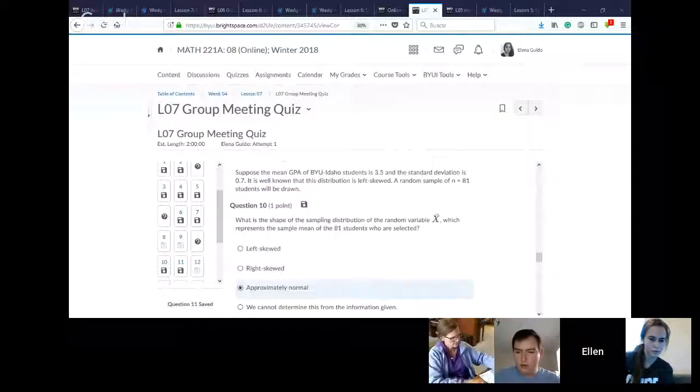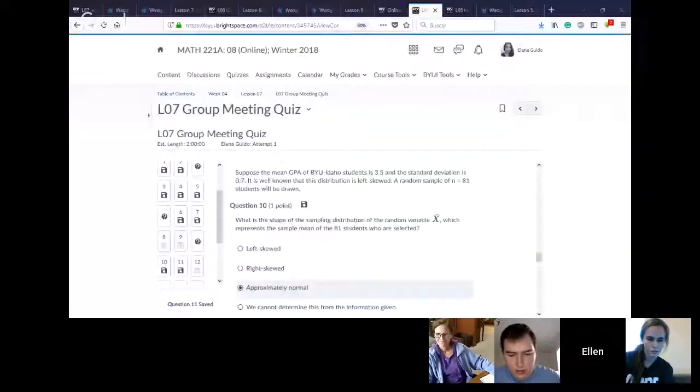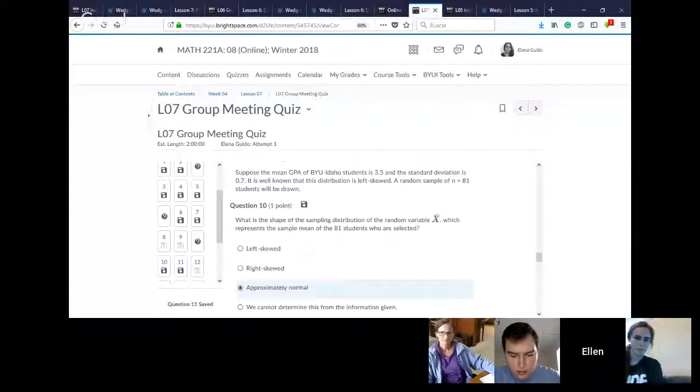And the other 2, I was not able. Suppose that the mean GPA of BYU Idaho students is 3.5, and the standard deviation is 0.7. It is well known that this distribution is left skewed. A random sample of n equals 81 students can be drawn.